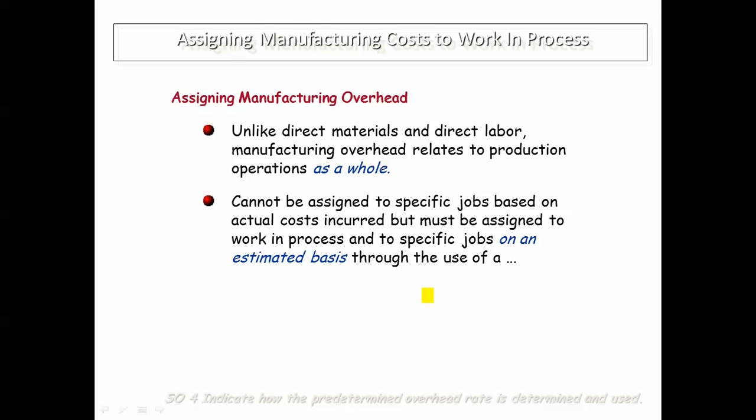Now, manufacturing overhead is different. Unlike direct materials and direct labor, this cost cannot be directly related to the product. So therefore, it must be on an estimated basis. It must be assigned to the product, not traced to the product. It's allocated or assigned.